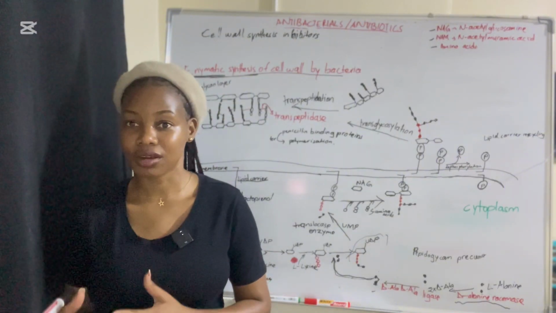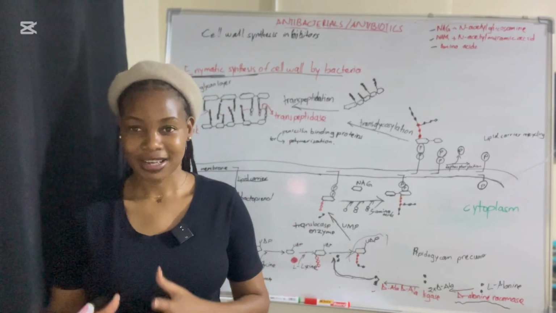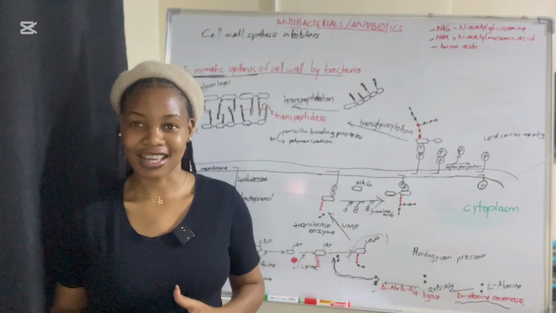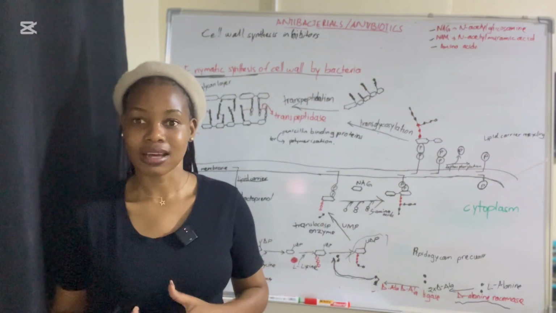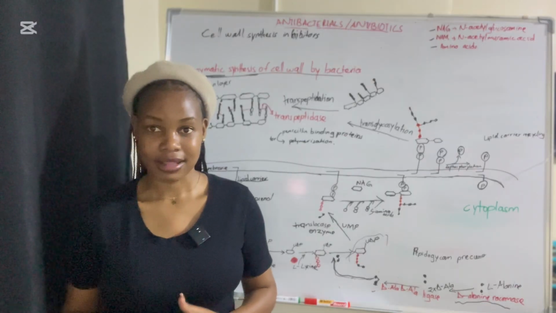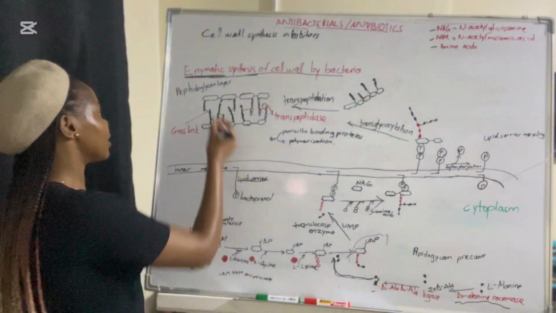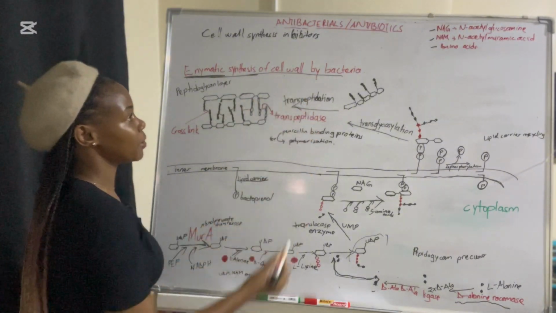We realize that both gram-negative and gram-positive bacteria have peptidoglycan layers. So you want to understand how bacteria synthesize that peptidoglycan. That's where we come to the enzymatic synthesis of the cell wall or peptidoglycan by bacteria.